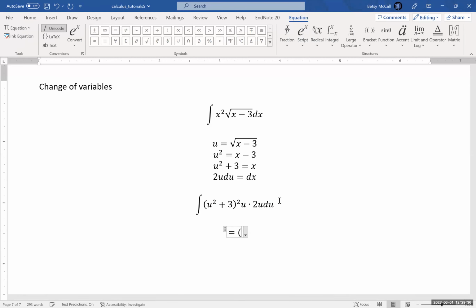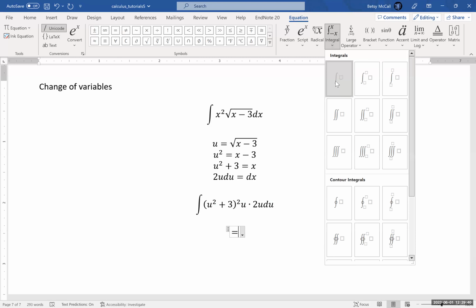Let's see if I FOIL this out. Oh, I need my integral. That would be nice.